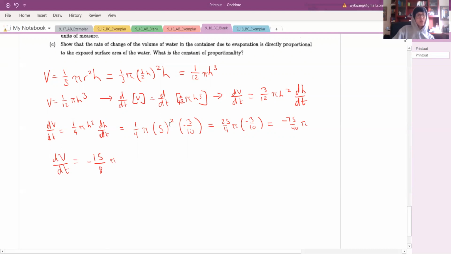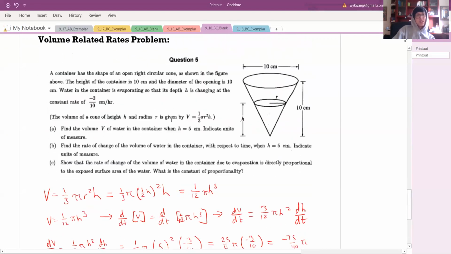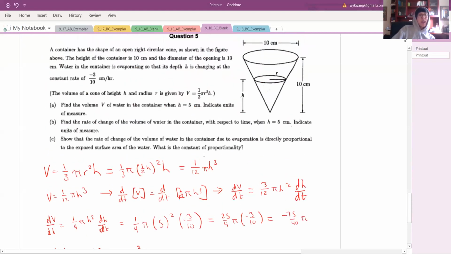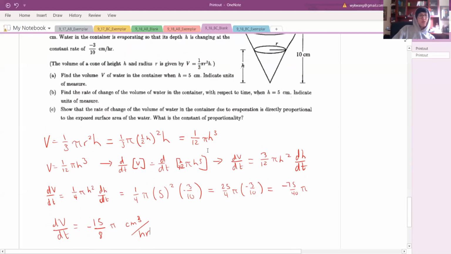And then don't forget the units. The units we've been using are centimeters and hours. So in this case, the volume is changing at -15/8 pi centimeters cubed per hour. So the rate of change of the volume of water is -15/8 pi centimeters cubed per hour with respect to time when h is 5.